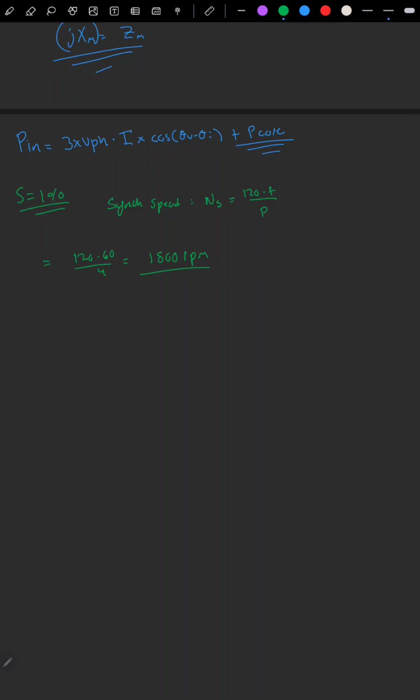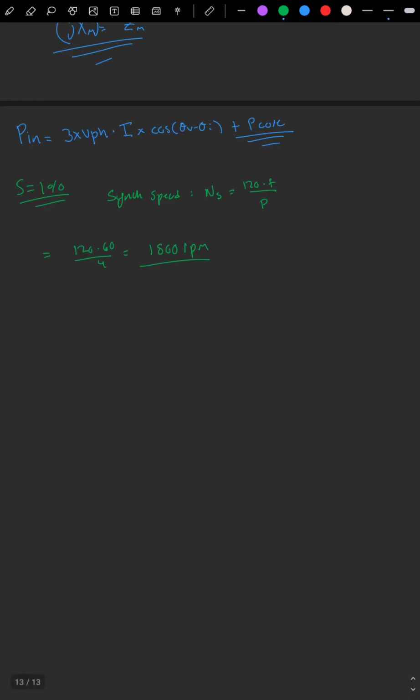So we also want to find, for later, our omega s, and our omega s is going to equal 4 pi times the frequency over the poles, which is 4 pi times 60 over 4, which is going to equal 188.5 radians.